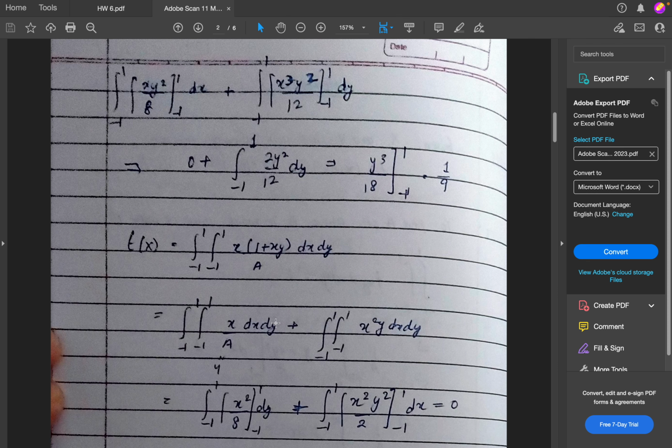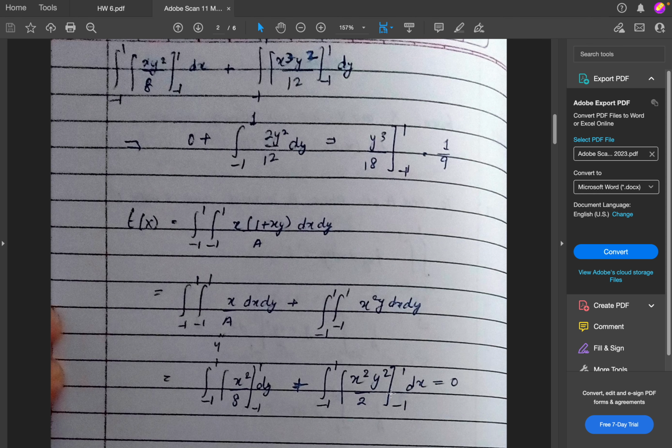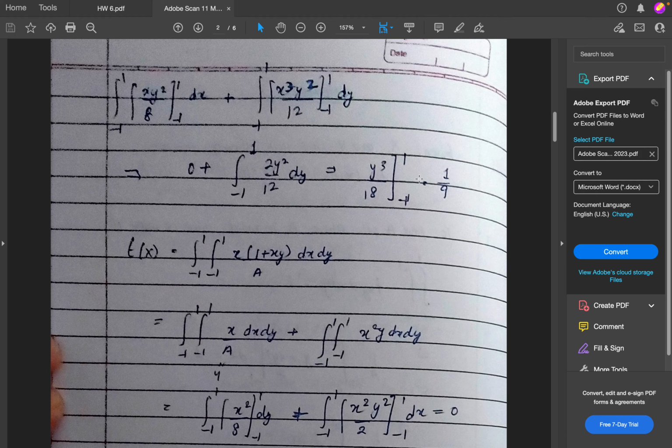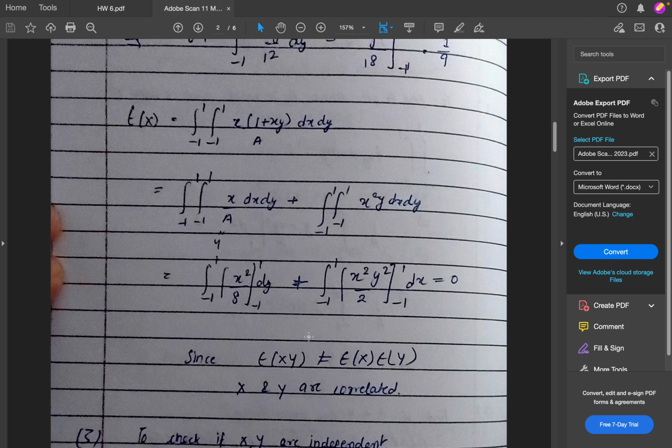When we integrate this, we find that expected value of x is equal to 0. So we don't even need to calculate expected value of y, because we can already see that expected value of x times expected value of y, whatever it will be, cannot be equal to expected value of xy. So x and y are therefore correlated.